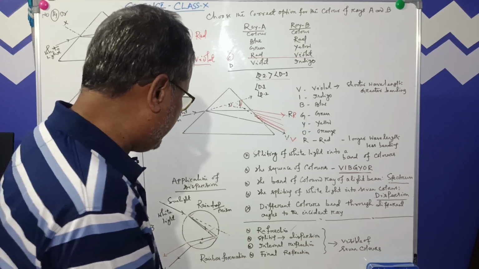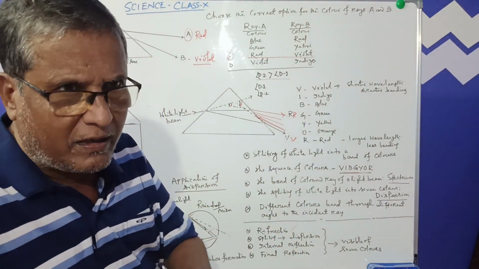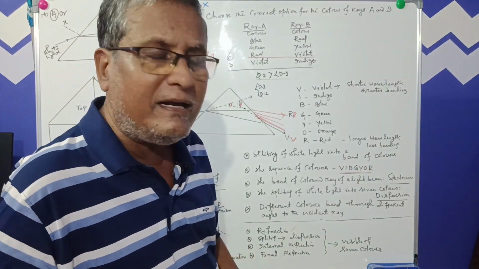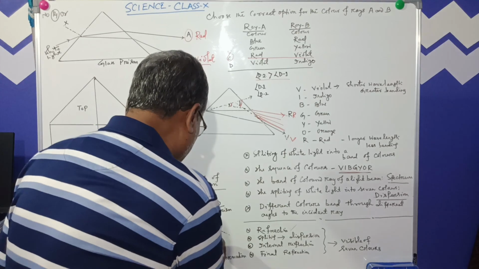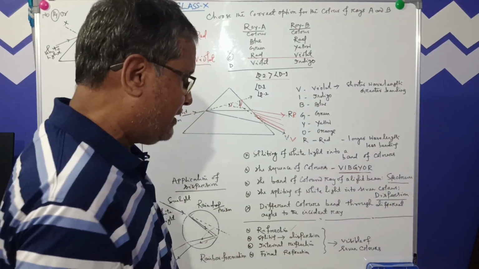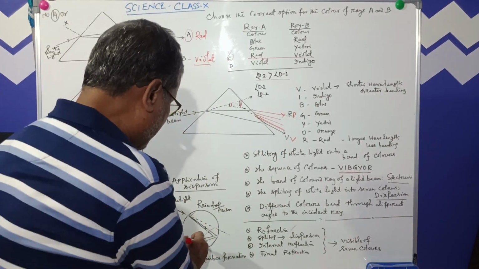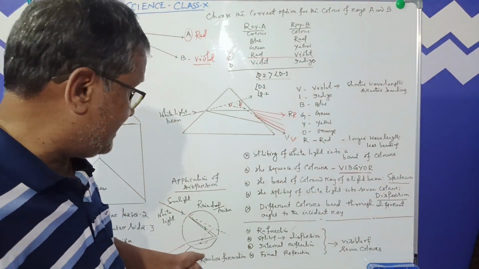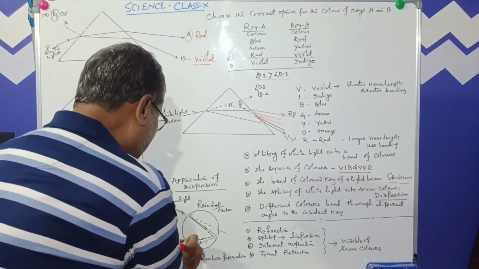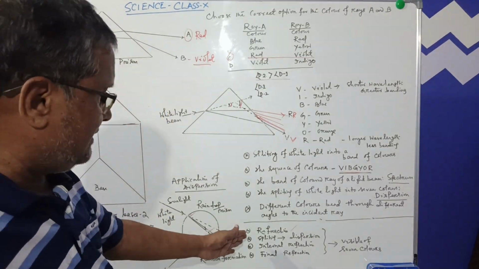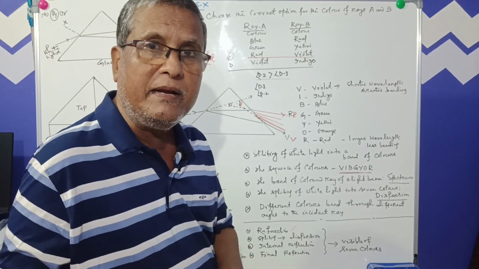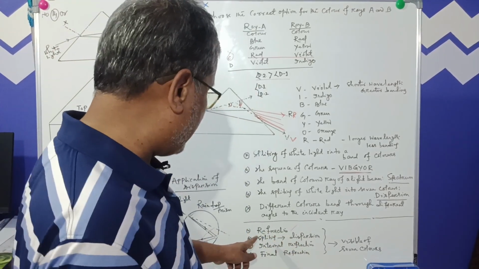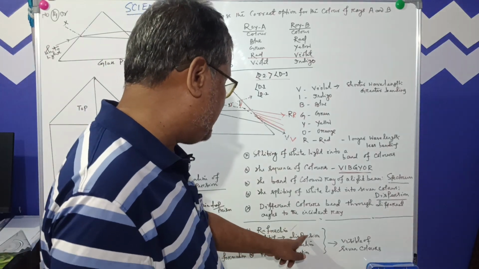Now from this point, the different colored lights reflect inside the water droplet, that is called internal reflection. Then at this point, from denser medium to rare medium, the colored light rays emerge. This is called final refraction. So these are the four phenomena that take place in order in the formation of a rainbow.